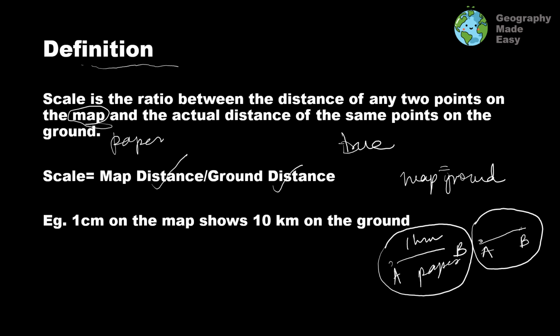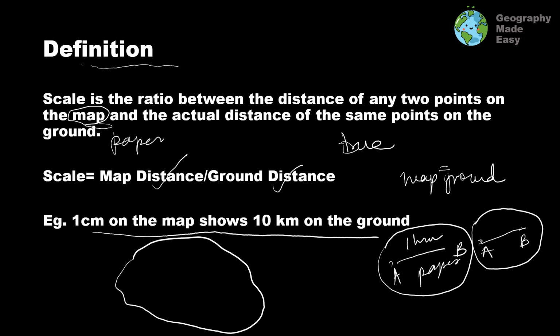So in that case, when we need to draw something which is a representation of what is there on the surface of the earth, we use what is known as scale. So this is an example of a scale. For example, 1 centimeter on the map shows 10 kilometers on the ground. Say I have a map, and between point C and point D, the distance I measure with a plain ruler is 1 centimeter.